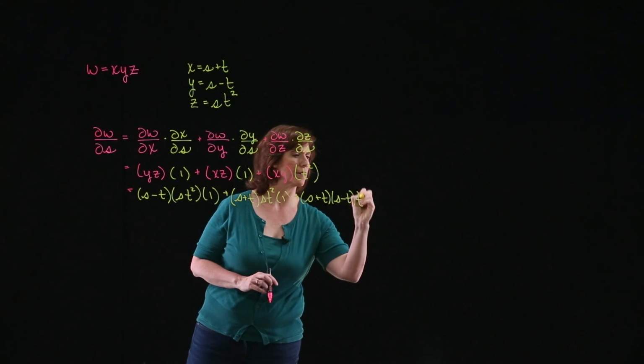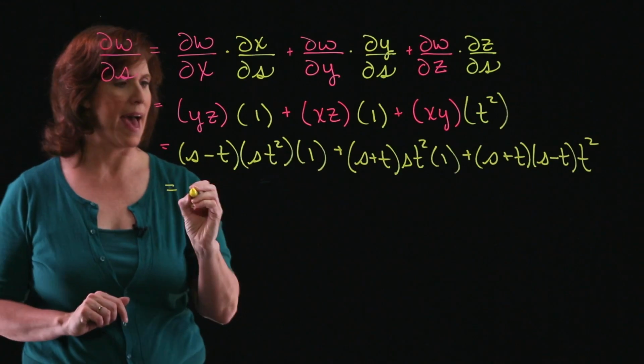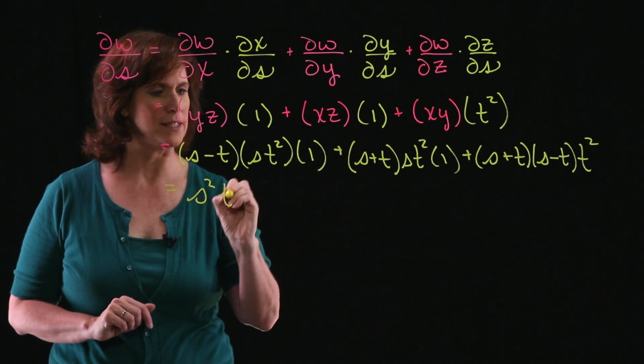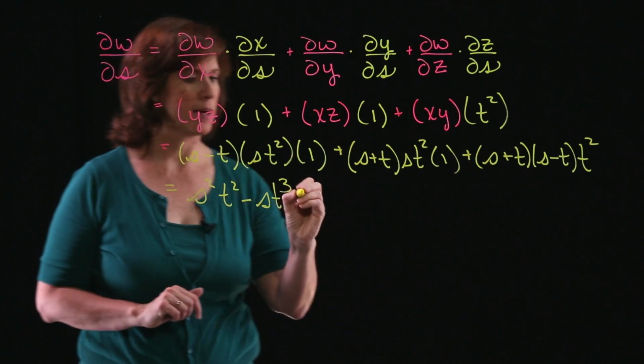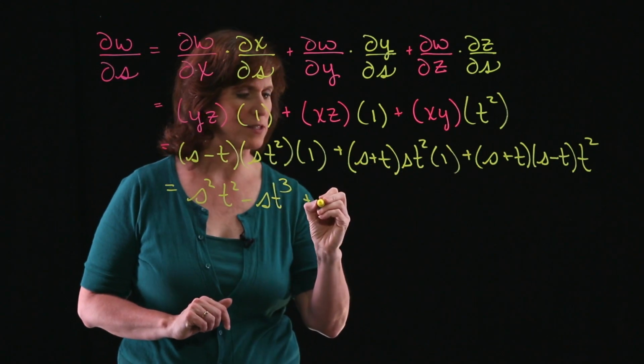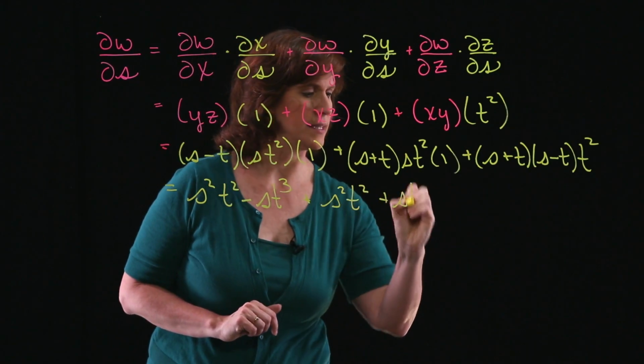and I'll multiply that by t squared. So with a little algebra here, I have s squared t squared minus st cubed plus, this will be s squared t squared plus st cubed.